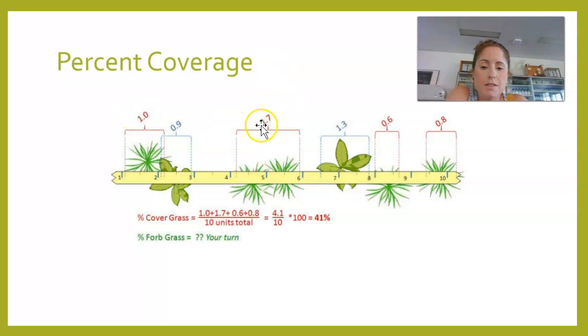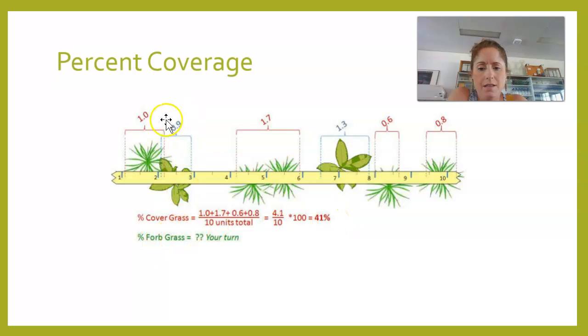Then this one's 1.7, this one's 0.6, and this is 0.8. So we could add all that up and then divide by the total length of the transect. We said 1 plus 1.7 plus 0.6 plus 0.8 divided by 10, and that gives me a 41% coverage along this line.